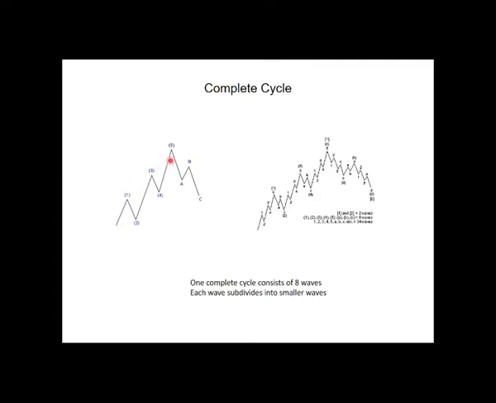And when we get to the top of the 5th wave, we get a decline in 3, and we label it A, B, and C. So basically what happens after that wave C is that if we are still in a bull market, the market will move up again in 5 waves and correct in 3 waves and move up in 5 waves and correct in 3 waves. Okay, so that's the basic pattern.